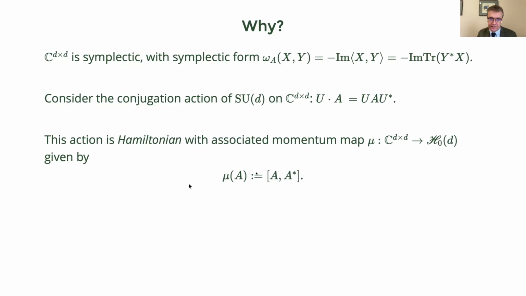And this map satisfies some axioms that basically says it plays nicely with the action of the group. And in this case, the map turns out to be exactly this thing we've already seen, where I take the bracket of A with A star. So that's telling me that my function, which again was the norm squared of bracket of A with A star, is just the norm squared of some moment map. And these are incredibly nice functions.